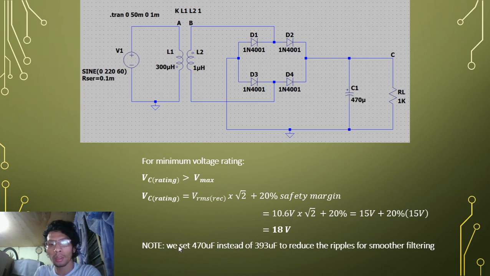So note that it should be 393 microfarads, but I set 470 microfarads, which is higher than the computed value, to reduce the ripples that are present on the 393 microfarads.